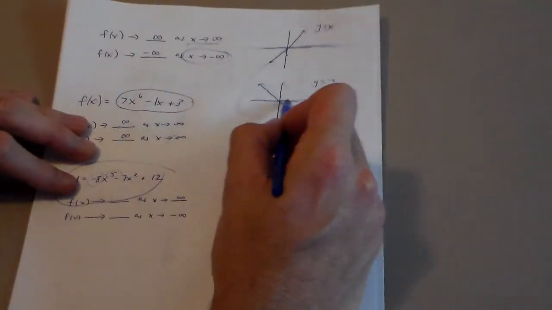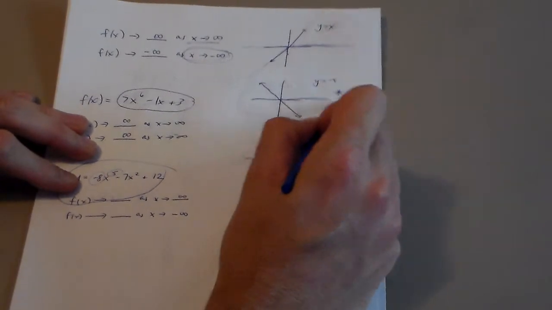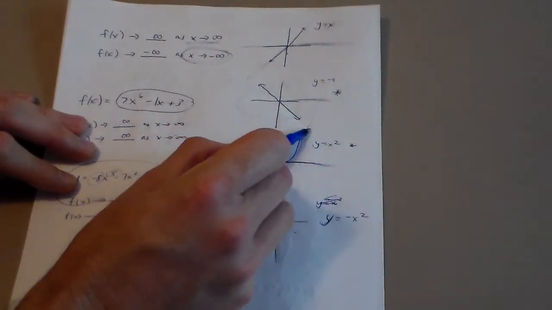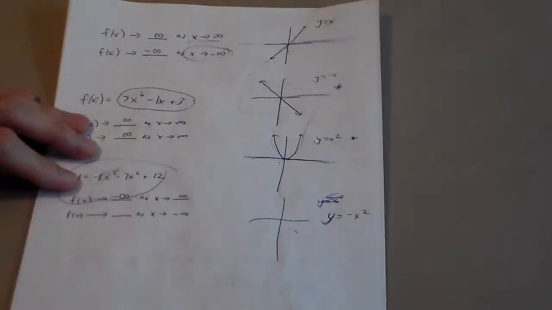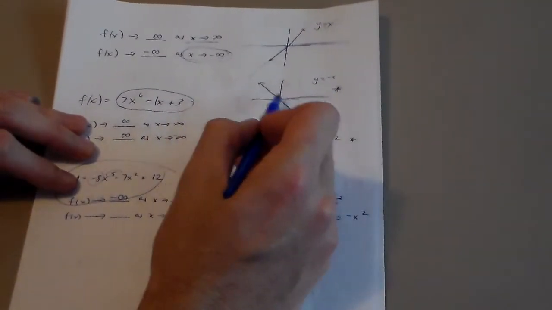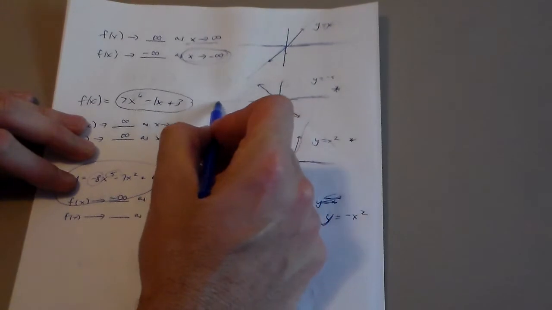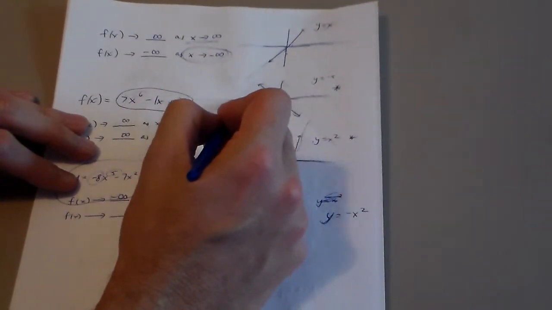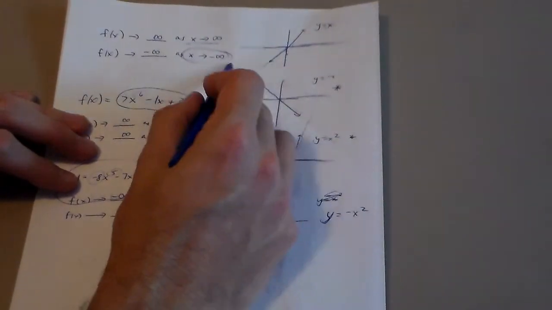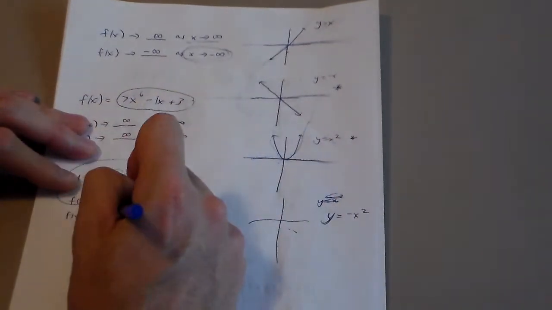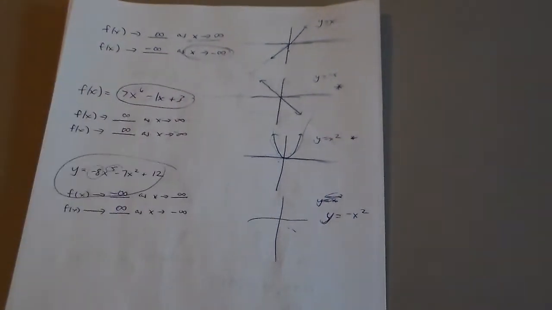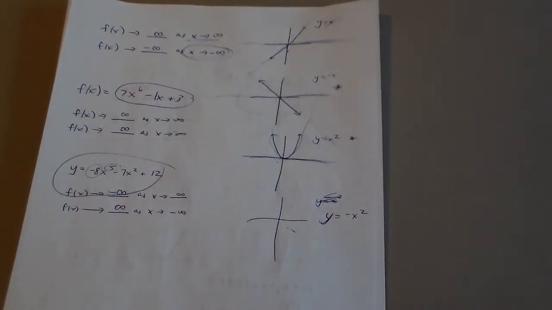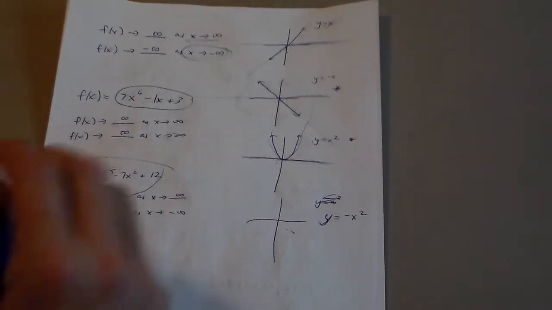As x gets big, which is this part of my graph, what is my graph going towards? Infinity or negative infinity? That would be negative infinity. This part of my graph, as x gets small, so my x goes in this direction, what is my graph doing? Infinity or negative infinity? Infinity.